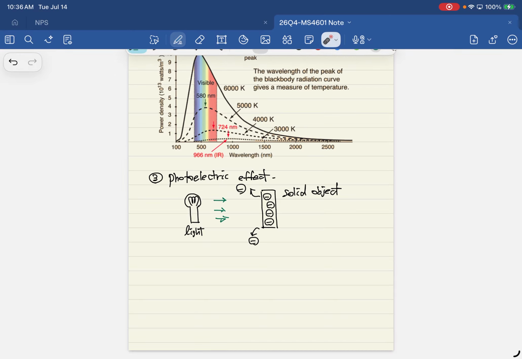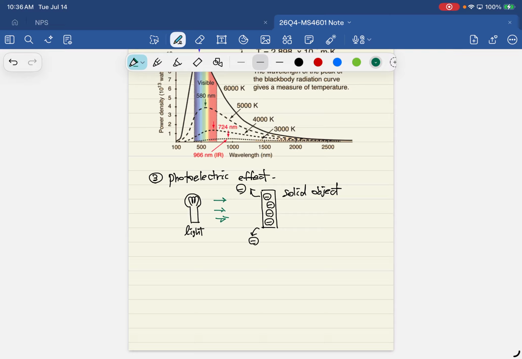Depending on this energy, this electron can be popped out, and this ejected electron is called a photoelectron, because that is the electron popped out due to the light.